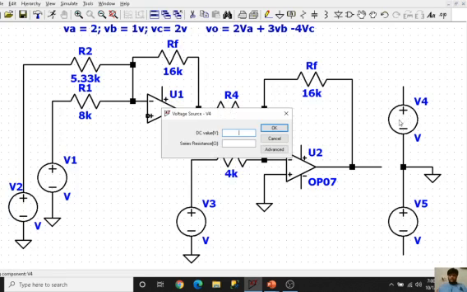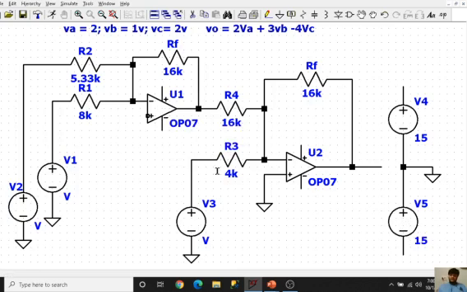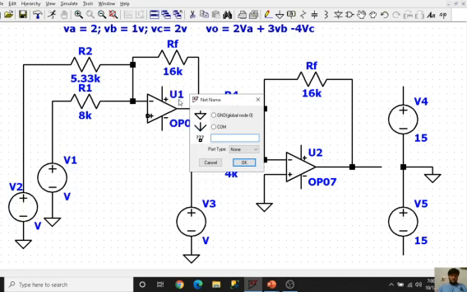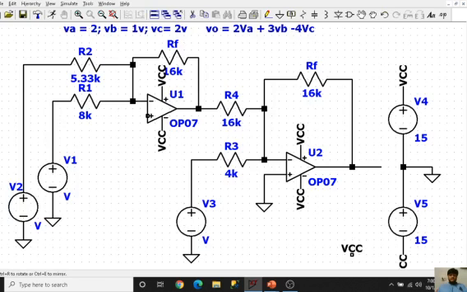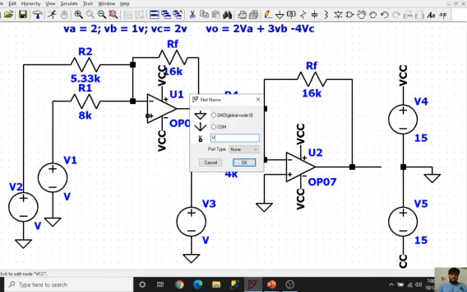Now for powering up an op-amp, 15, plus 15, minus 15. No need to write minus 15 because we will be designing over here, we will be writing label net. So this is my VCC, this will be our VEE. I will change that, but before that let's just finish enabling all the components.